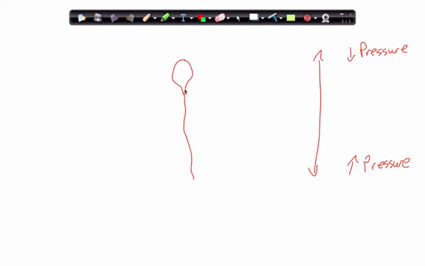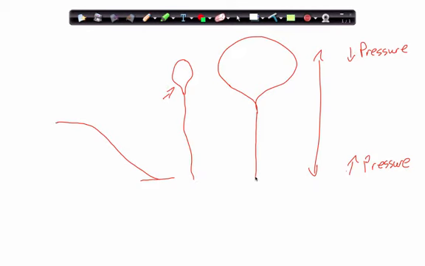So if this balloon was in an airplane that had an unpressurized cabin and it took off at sea level, by the time that it got to 10,000 foot, the same balloon, because of less pressure, caused gas expansion.